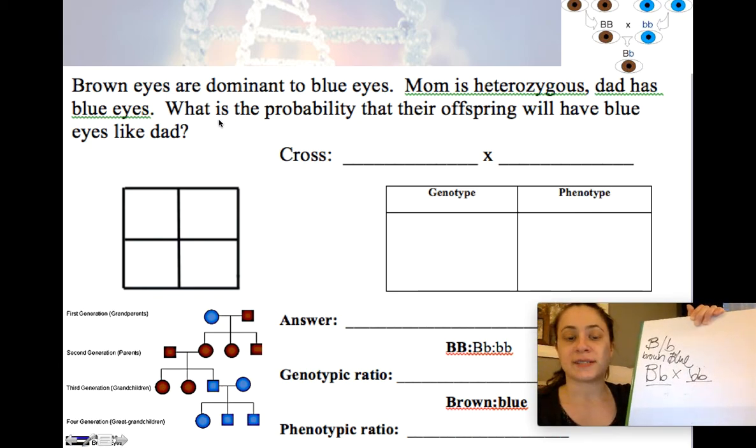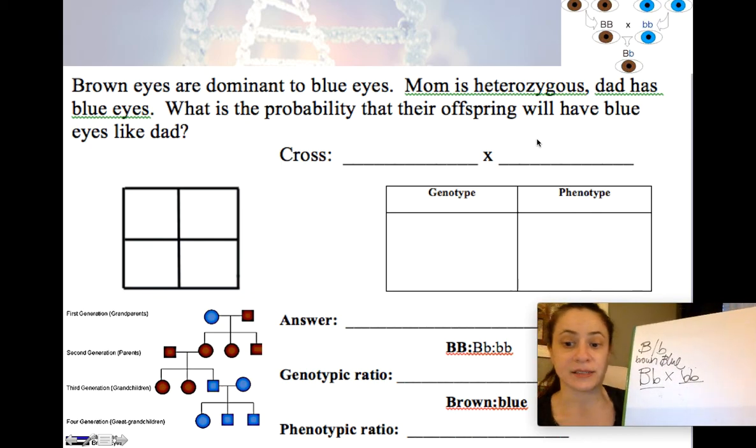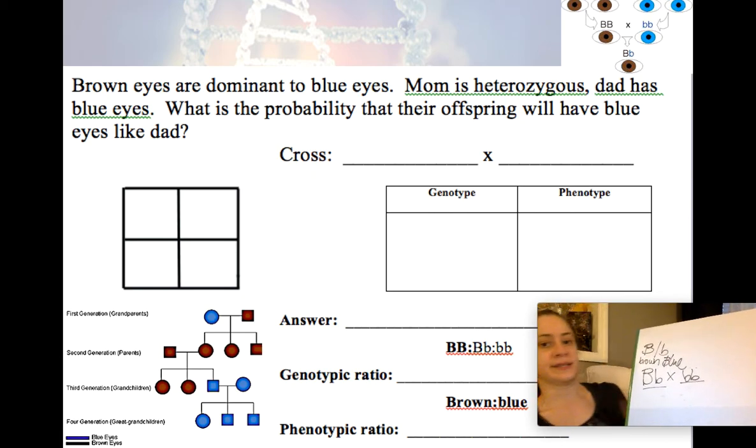The question is, what is the probability that their offspring will have blue eyes like dad? So eye color is inherited in a bit more of a complex way because eye color is polygenic, but we'll go with this as an example.